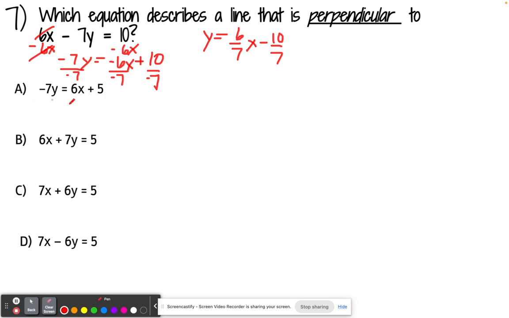Okay, for this one, I'm going to need to divide everything by negative 7. And you can right away see that I'm going to end up with y equals negative 6/7 x minus 5/7.